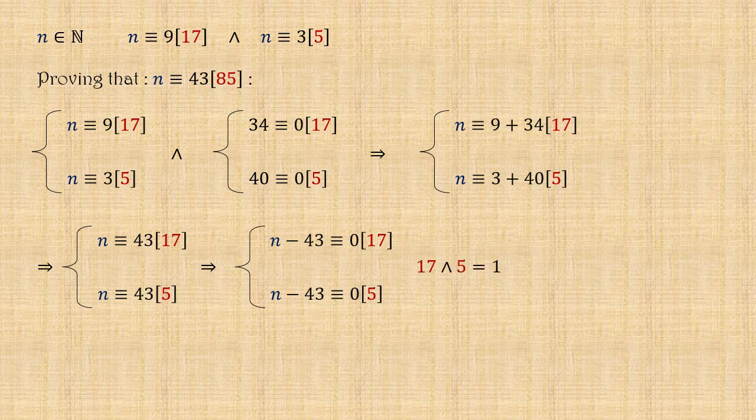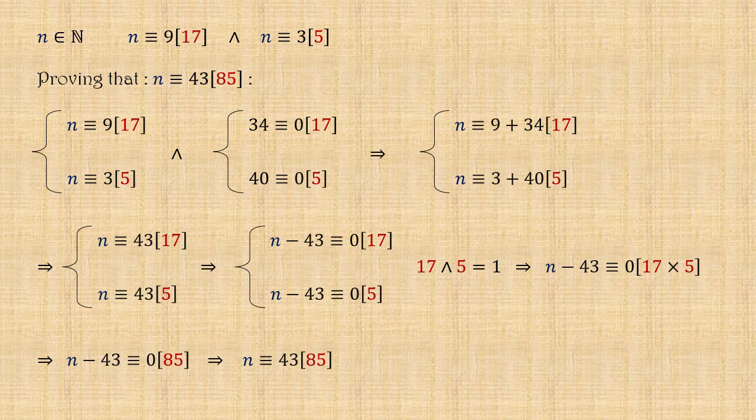And because 17 and 5 are coprime numbers, we can deduce that their product is also a divisor of n minus 43. Therefore, n minus 43 is congruent to 0 modulo 17 multiplied by 5. So, n minus 43 is congruent to 0 modulo 85. And this means that n is congruent to 43 modulo 85.